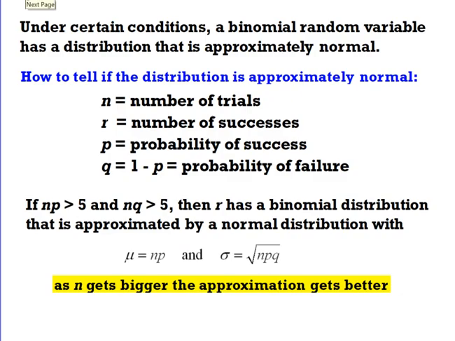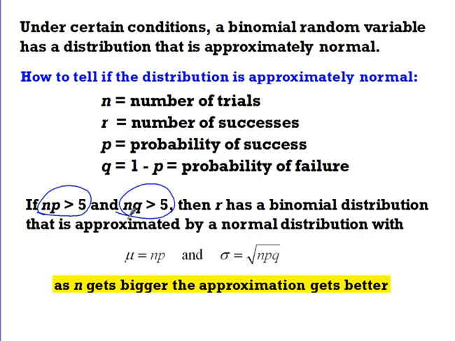All right. Here's kind of the same setup as before, where N is the number of trials, R is your number of successes, P is the probability of success, Q is the probability of failure. Now, under certain conditions, and here are the conditions, if the product of N times P is bigger than 5, and the product of N times Q is bigger than 5, then R from that binomial distribution can get adjusted into a raw score of X, and then take those raw scores and convert them into Z scores.